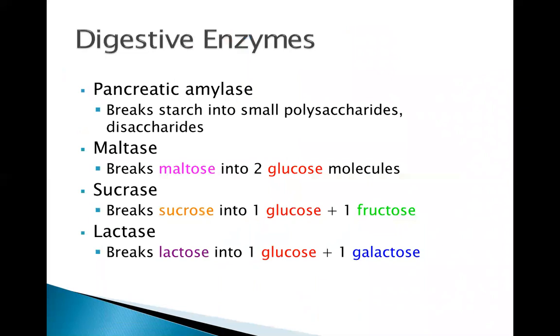Digestive enzymes. So these are digestive enzymes that the pancreas will secrete into the small intestine, the duodenum of the small intestine, to break down disaccharides into monosaccharide units.